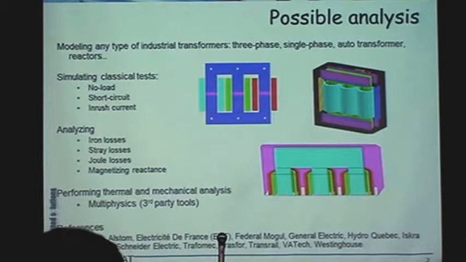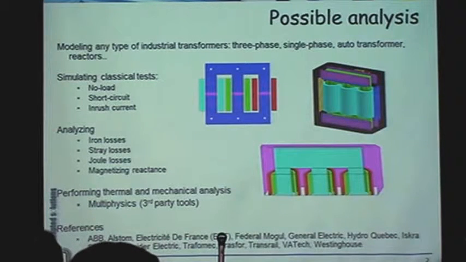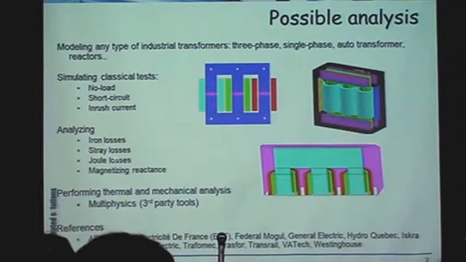In fact, you could take a transformer and bring it into the middle of Portunus, instead of having the equivalent model of a transformer, and then see how it would behave if you have a failure on the secondary side, and how it would reflect to the primary side. So analyzing what kind of analysis we're going to do: iron losses, stray losses, Joule losses, but also magnetizing reactance, and we're going to try to find the equivalent circuit parameters for the transformers.